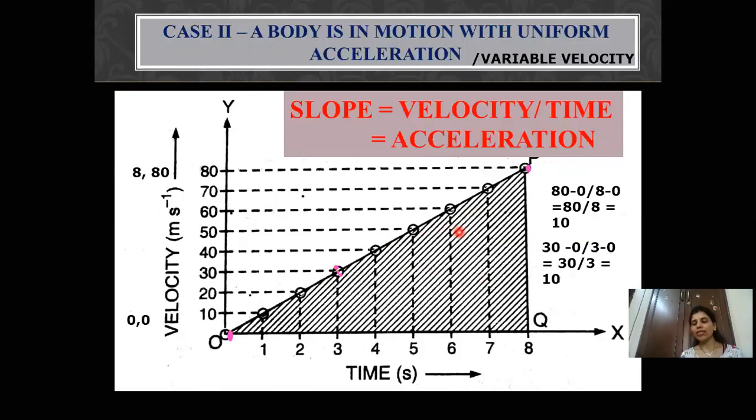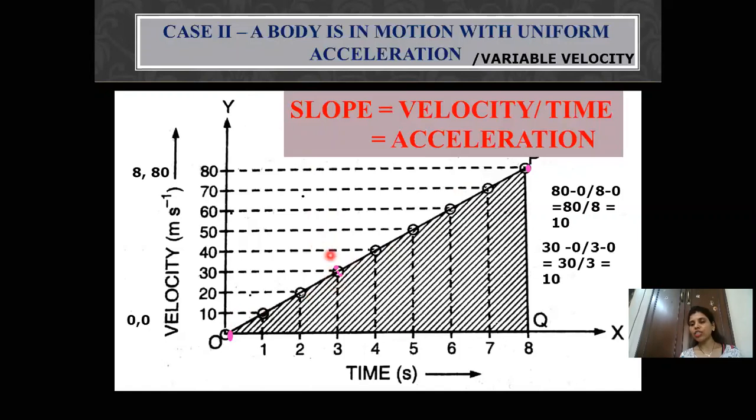So if you are accelerating the car with the same magnitude of acceleration, that time you can represent the motion with this particular graph. Or you say when the body is thrown from up and it is falling towards the earth, that time the direction is fixed, that the body is moving from top, it is coming down.